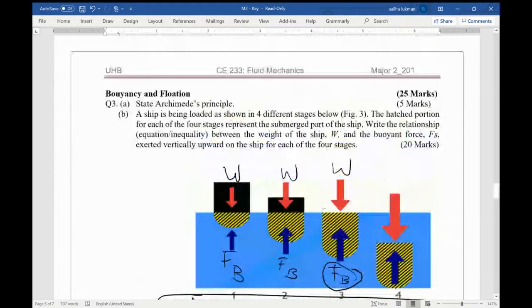And the Archimedes principle: the buoyant force acting vertically upward is equal to the weight of the displaced fluid.